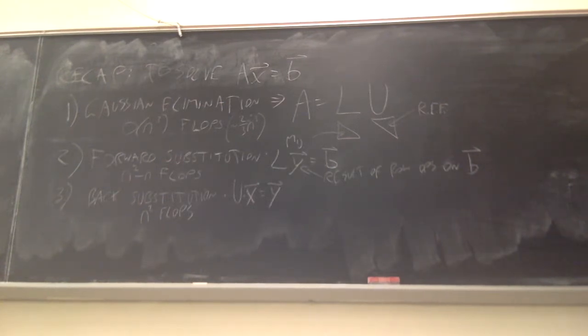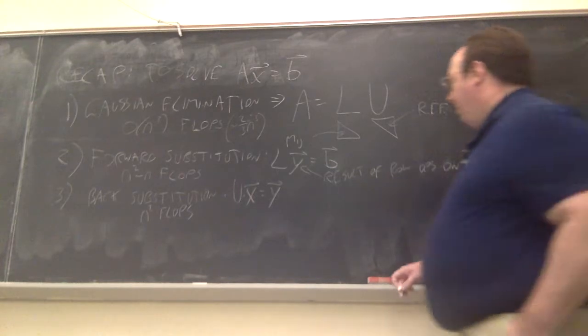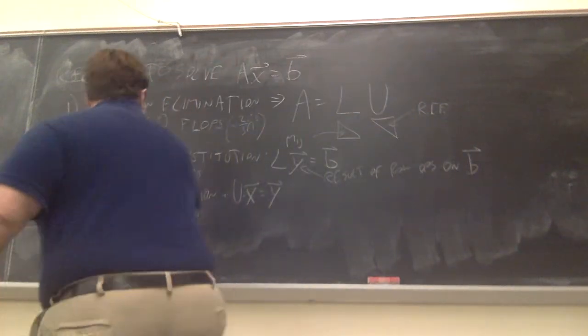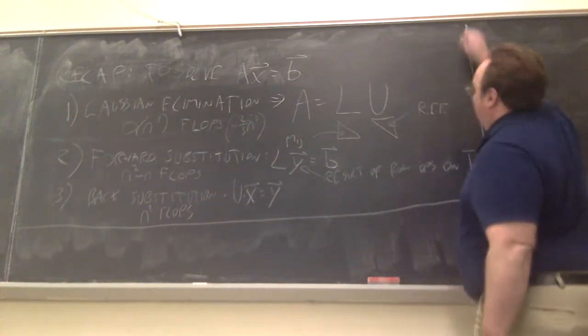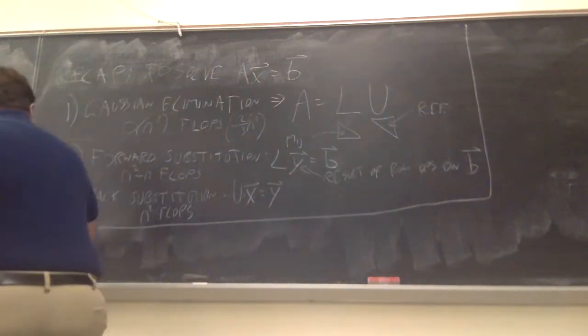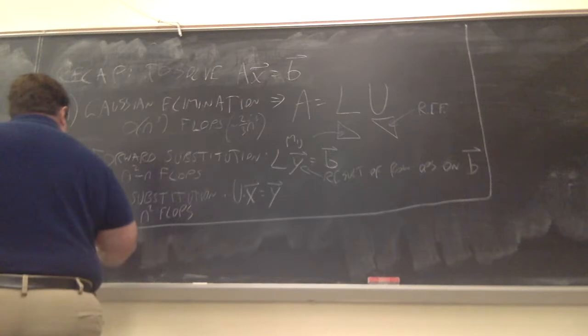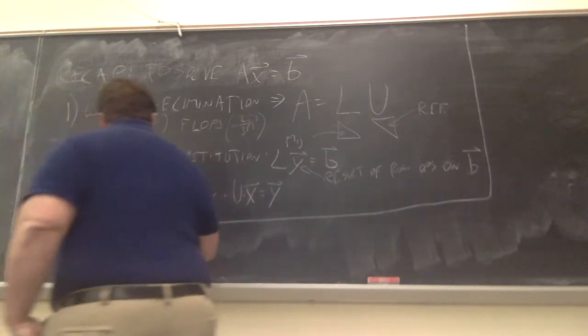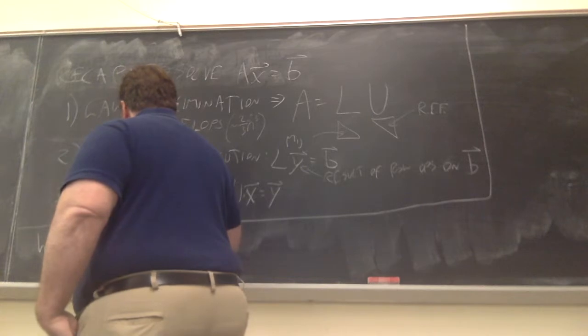Okay, so it seems like, when it comes to solving systems of linear equations, we're done, but we're not, because we're actually going to spend a lot more time on solving systems of equations, because there are some issues with this approach. And the issue that I'm going to focus on today is, okay, so let's section it off here. All right, so what can go wrong with this approach?